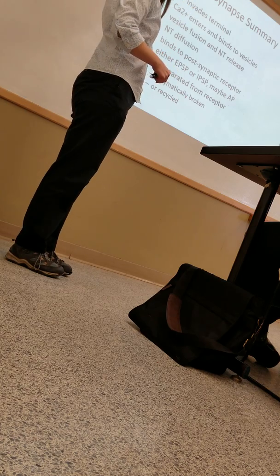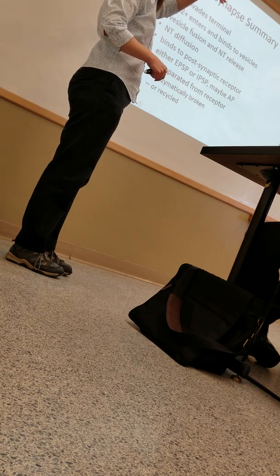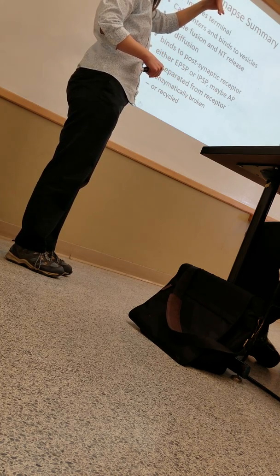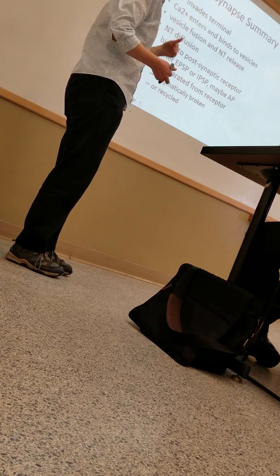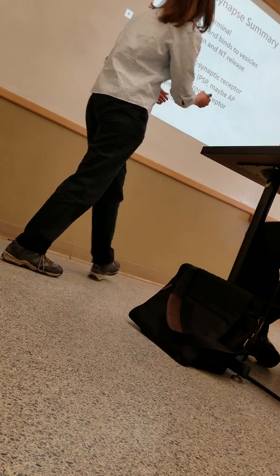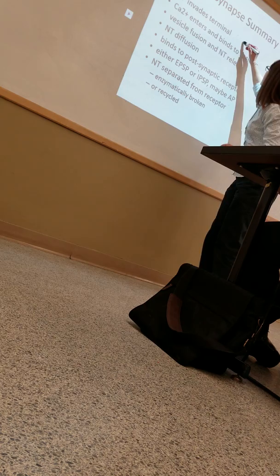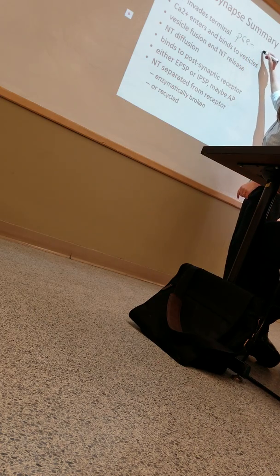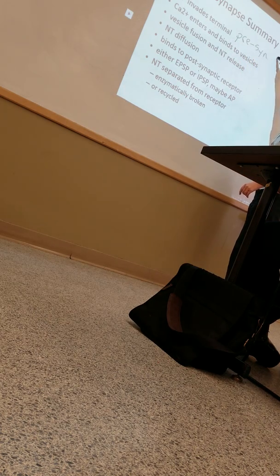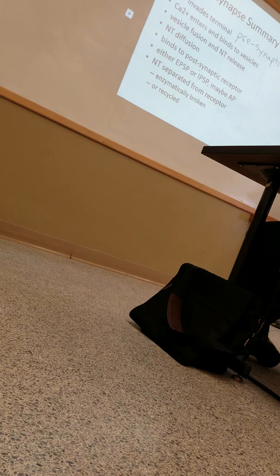This just means that it's coming down your presynaptic cell, coming down your axon, and it gets to the end, the terminal. So this is presynapse. The action potential invades the terminal of the presynaptic cell.